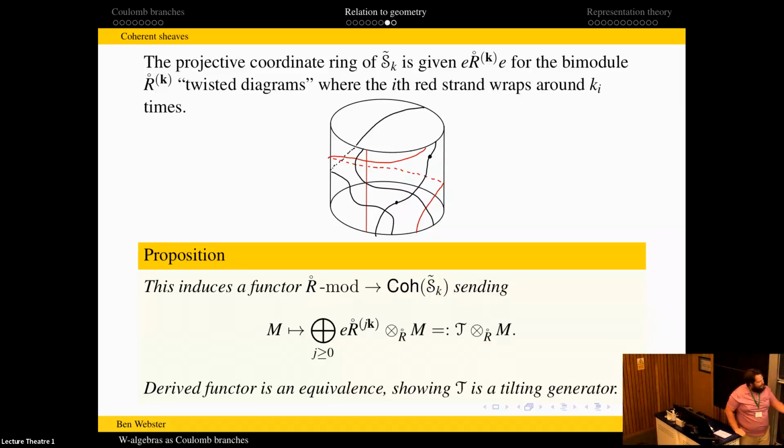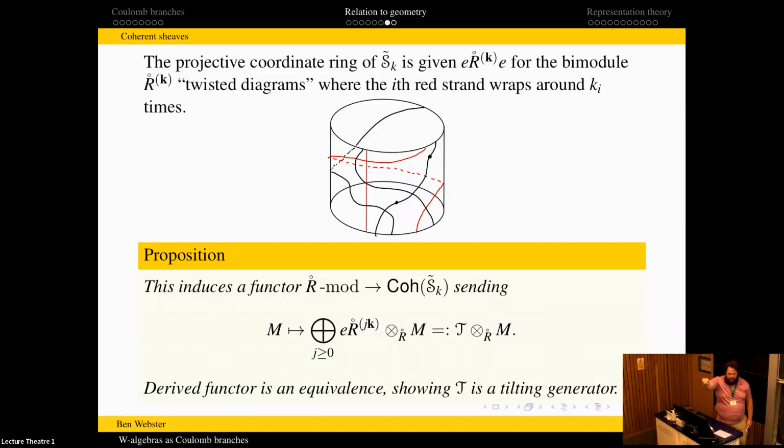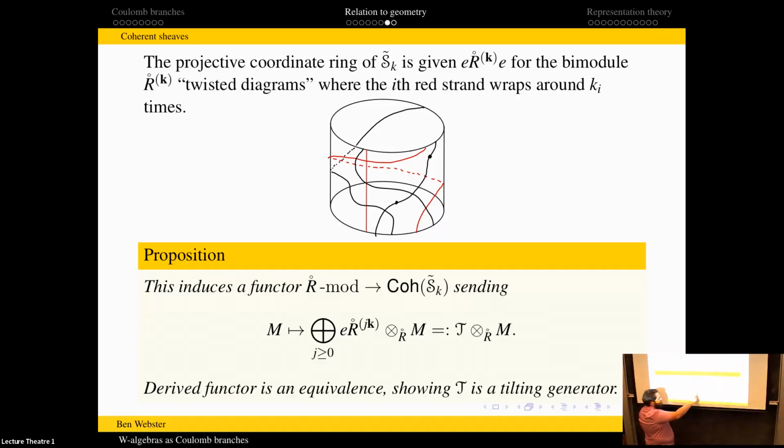A particular reason I like this is this operation lets me turn modules over this ring R into coherent sheaves. To get a coherent sheaf, I need a module over the projective coordinate ring, something where I can add these diagrams with rotations of the reds at the top. I can do that by saying I have a module over R0. I put those guys at the bottom.